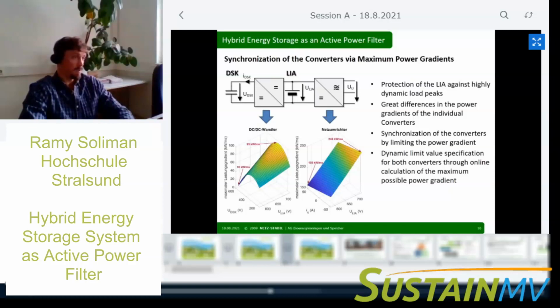So this ensures the maximum system dynamics compared to a fixed value, because the fixed value has to be the lowest of all values in any case. So that would be around 10 kilowatts per millisecond all the time. And we would waste a lot of potential, because this is a state we don't have very often.